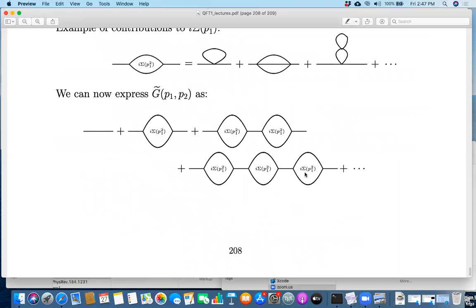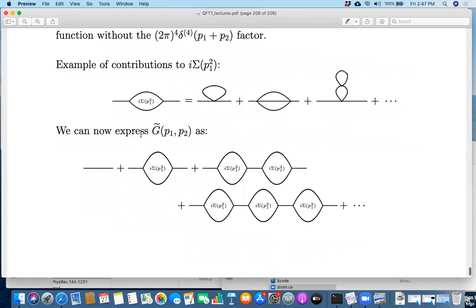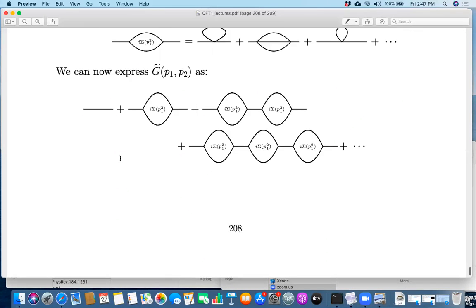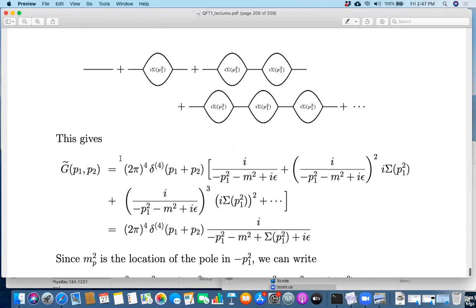Okay, so what I'm going to do now is to write down the actual algebraic expression for this, and that makes things a little more clear. So here is the expression for G tilde. This is the sum of all Feynman diagrams. Each of these diagrams, of course, has 2 pi to the 4 delta 4 p1 plus p2 that I take out. Then this term represents this one, I over minus p1 square minus m square plus I epsilon.